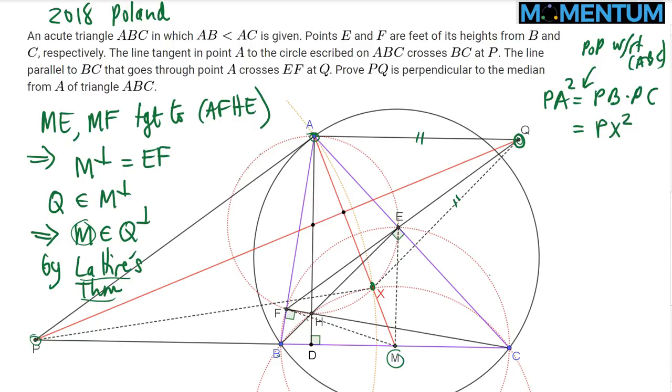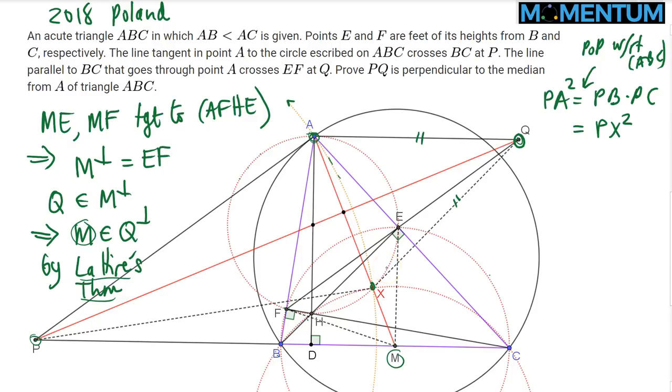Why? Because of that orange circle. I don't know if you can see that circle that goes through point A and then traces through X as well. It happens to be the Apollonian or Apollonius circle of triangle ABC.